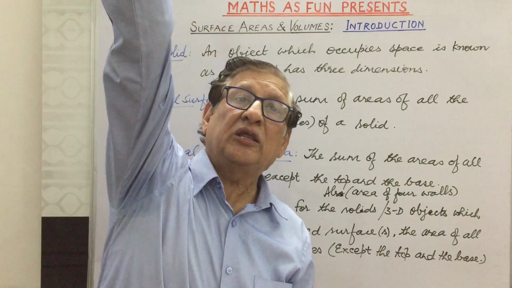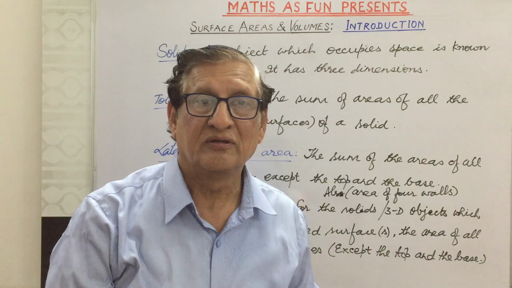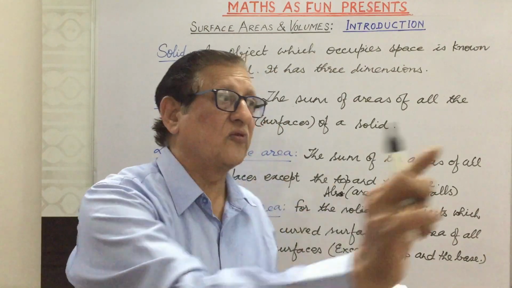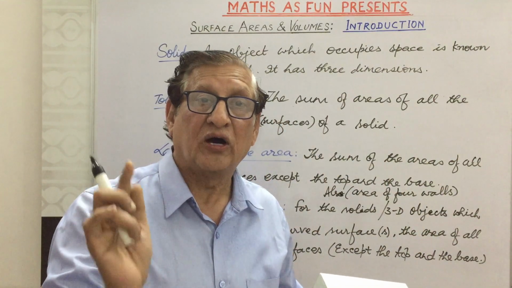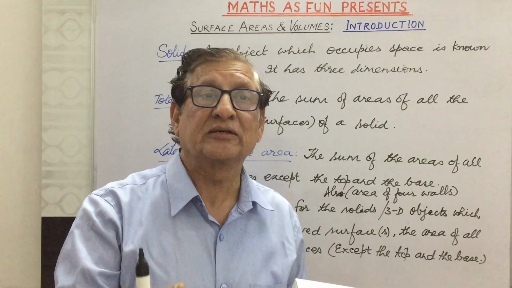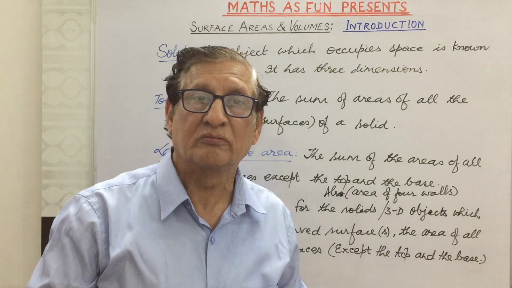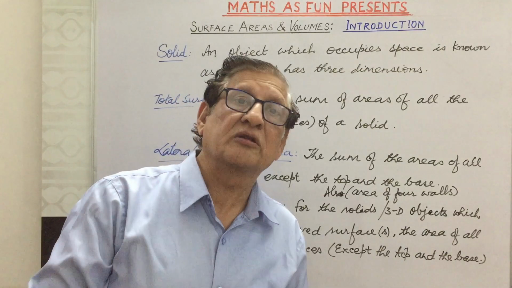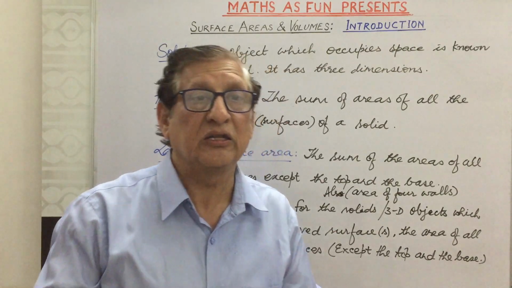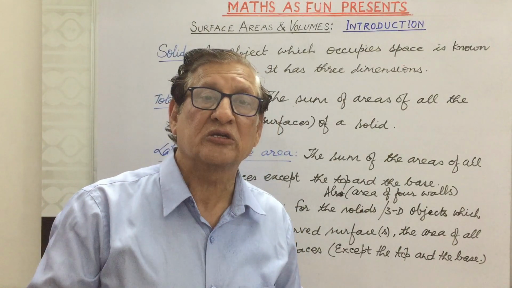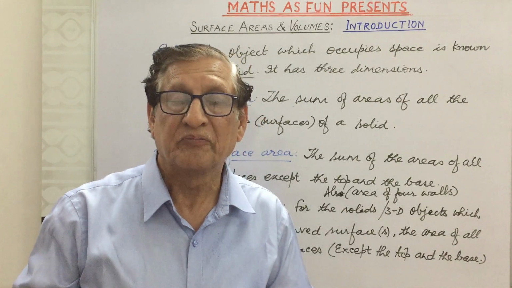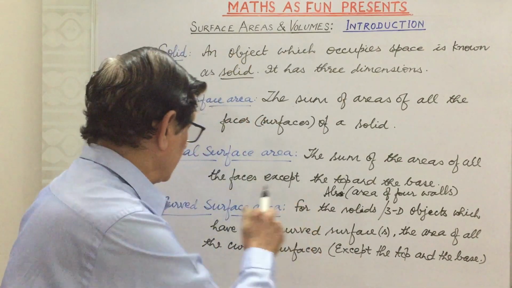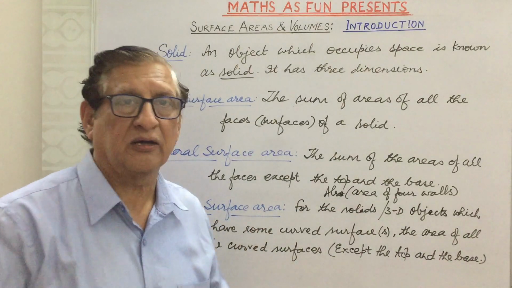If you leave the area of the ceiling and the floor, the sum of all the 4 walls is known as the lateral surface area of that room. It means the lateral surface area and the area of 4 walls in case of a cube or cuboid are the same.